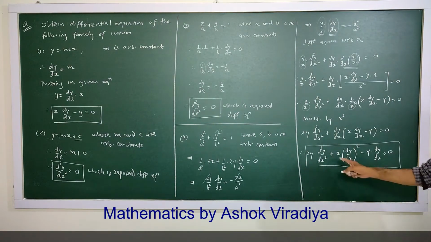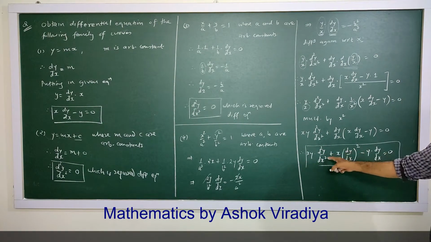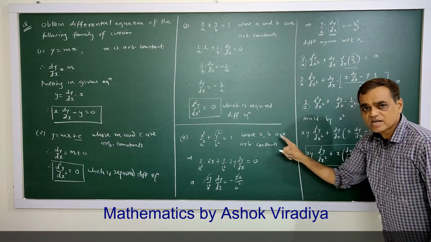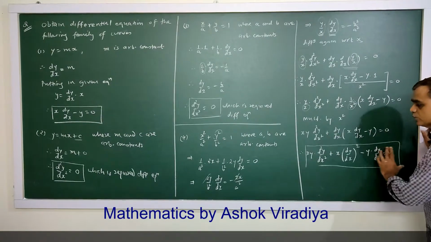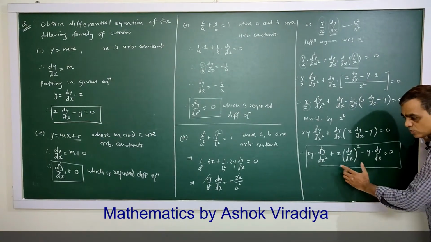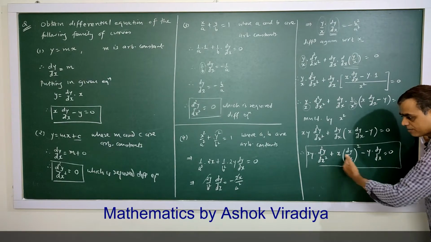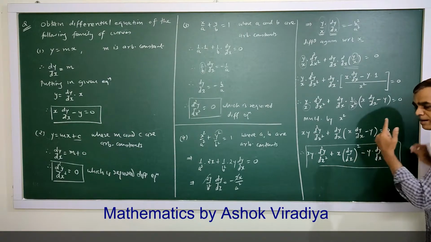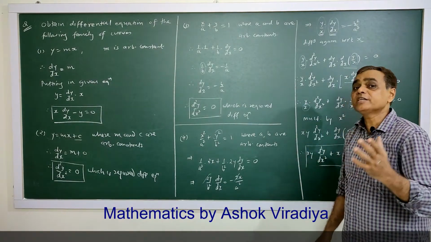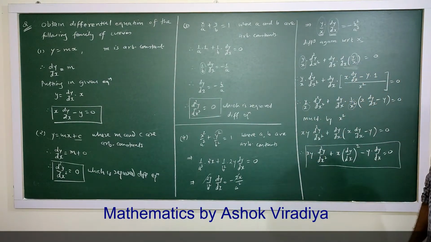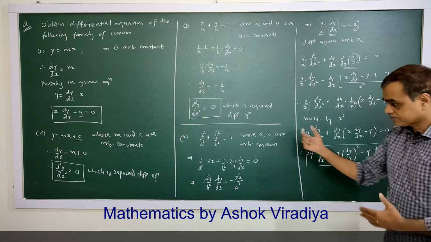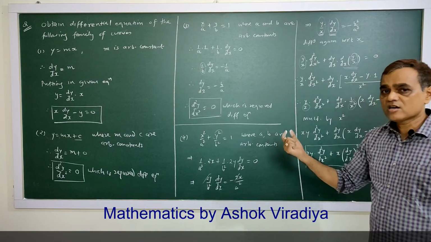You can say the order is 2 because there are two arbitrary constants, and this differential equation is free from a and b. You can see that nowhere is there an a or b. So remember, a differential equation must be free from arbitrary constants, and the order of the differential equation is equal to the number of arbitrary constants.